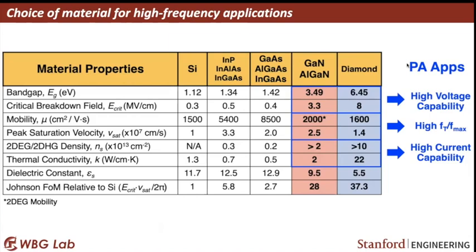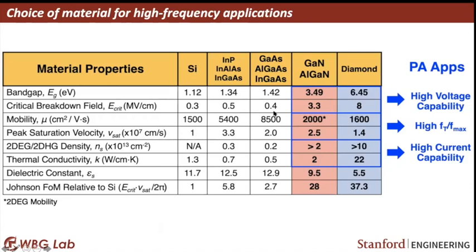If you see the saturation velocity for silicon, it's about 1 times 10 to the power 7 centimeters per second. This is the maximum velocity at which an electron can move in silicon.